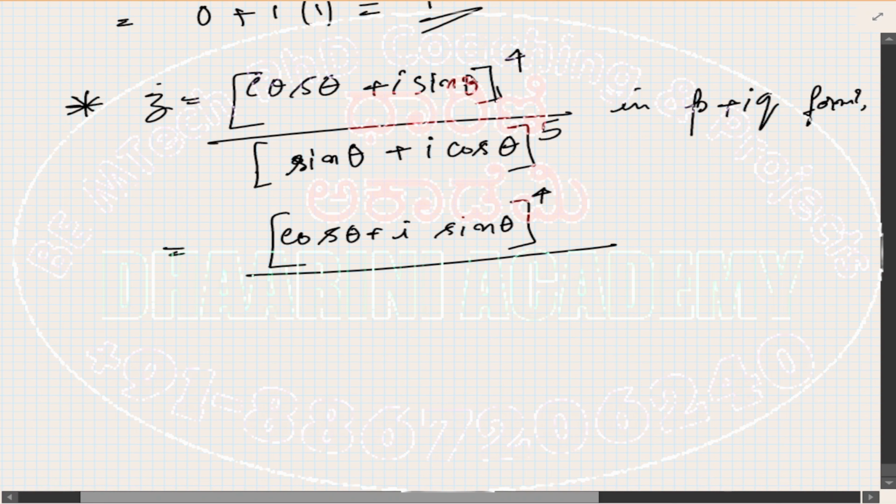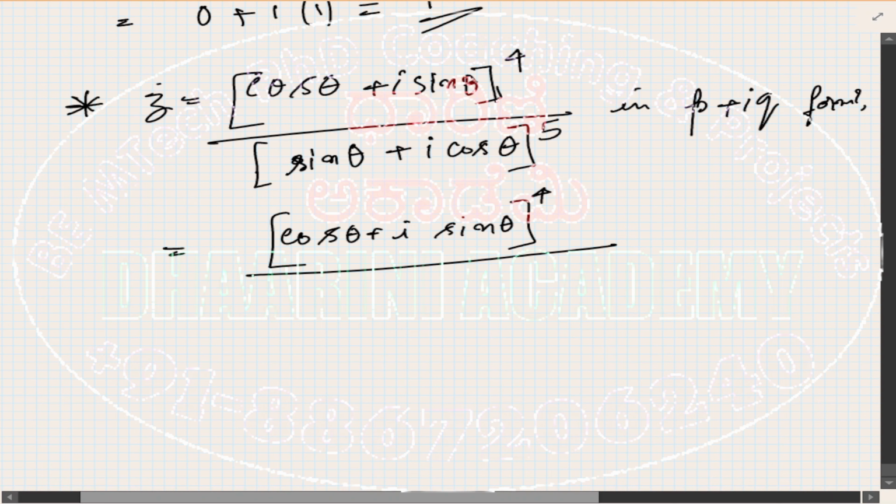Since the sin plus cos form is available in the denominator, somehow I need to convert that into the cos plus sin format. For that reason, we are going to use the other forms of de Moivre's theorem which we have written already. If you have sin theta plus I cos theta, that can be reduced like this.